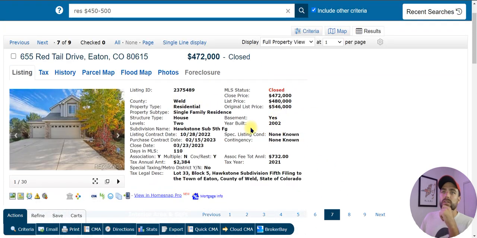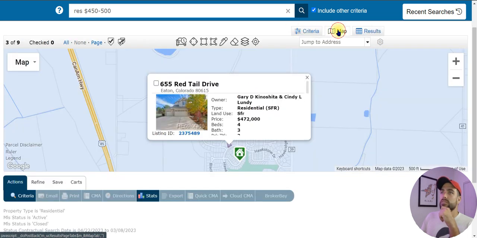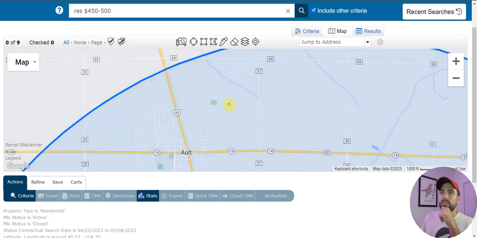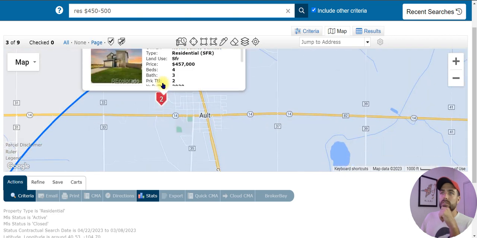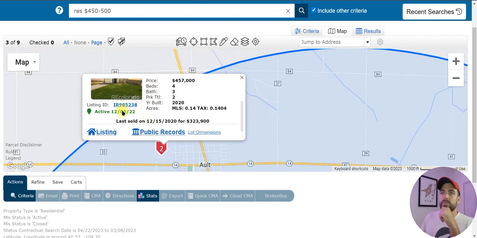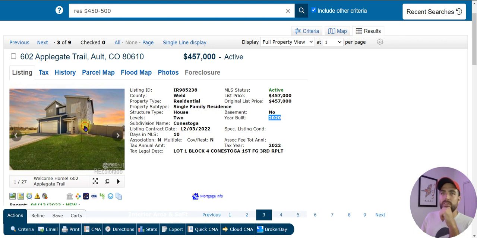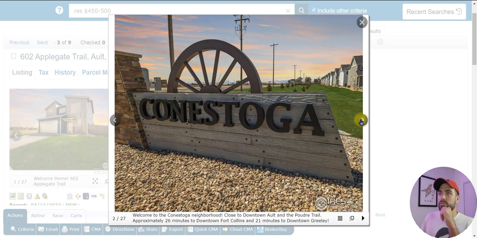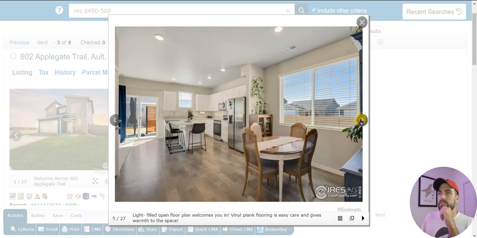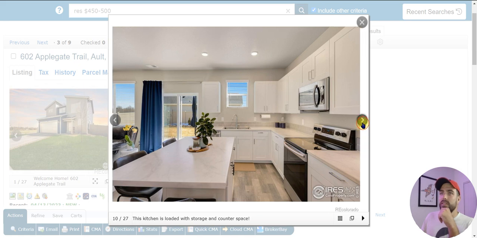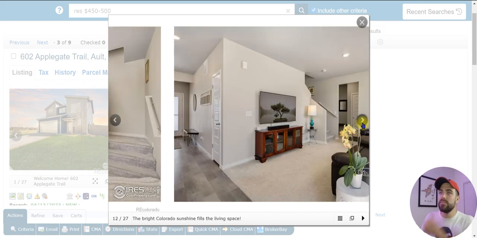So let's go check out a few of these in Alt. Okay, so 457. Oh, I think these ones in Alt are all going to be a lot newer. Yeah, so 2020 for 457. It's 2 stories. Of course, anything built recently is going to have all these stainless steel appliances and the white cabinets.